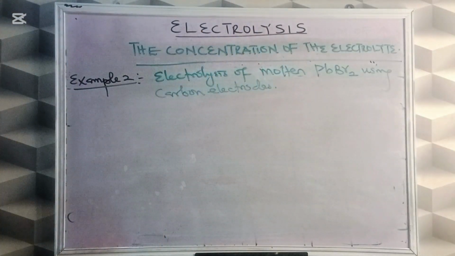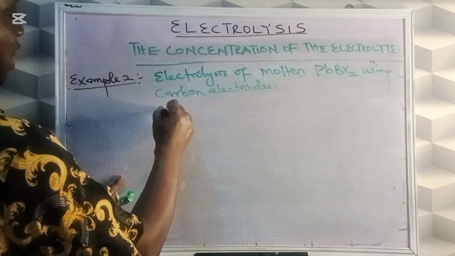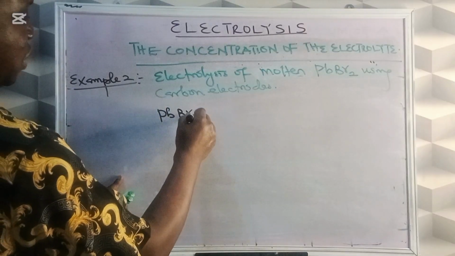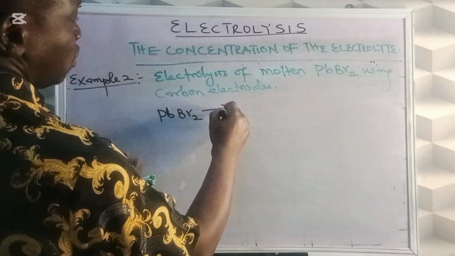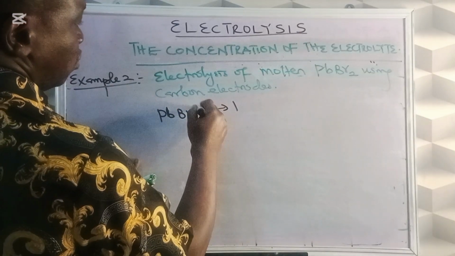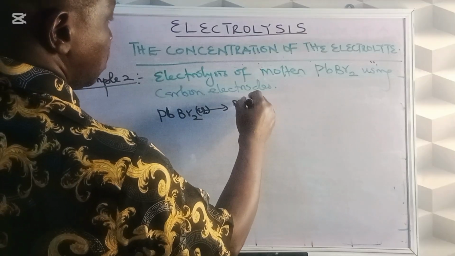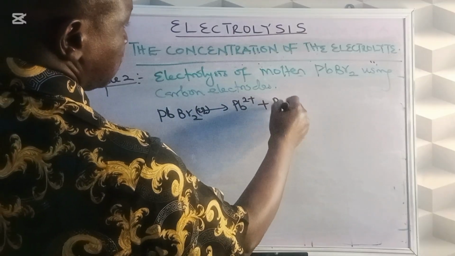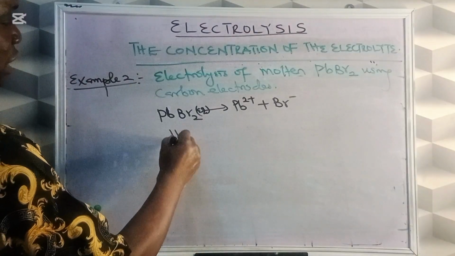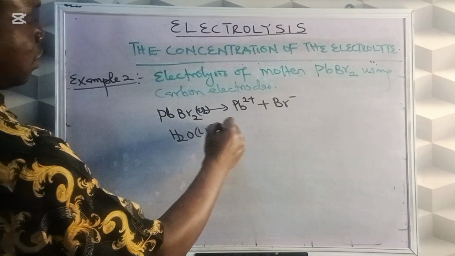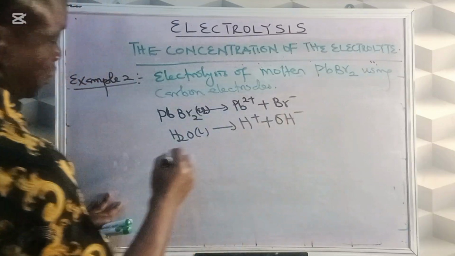Take note of that. So the same thing will happen. This one will ionize to lead(II) ion plus bromide ion. So water, consider water here. This one will be hydrogen ion plus OH minus.